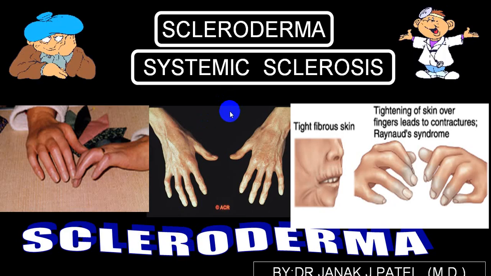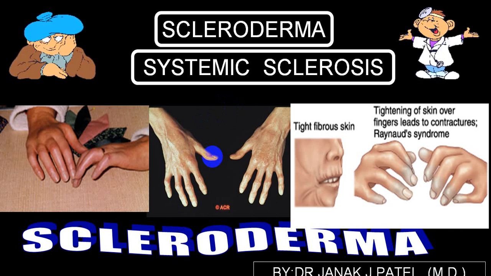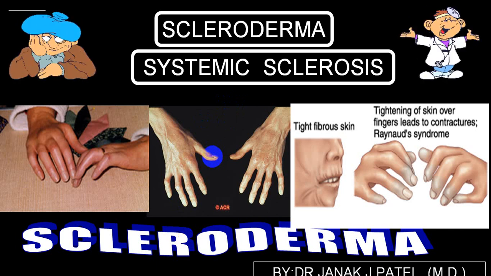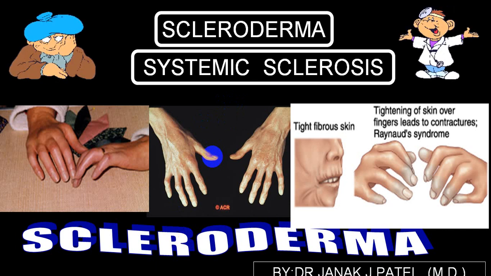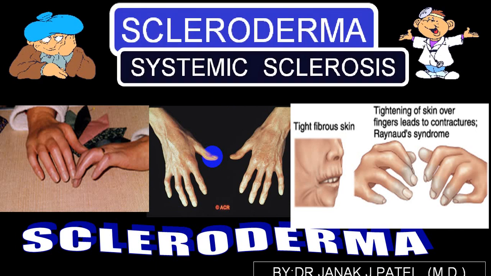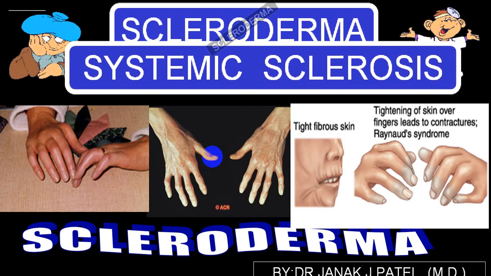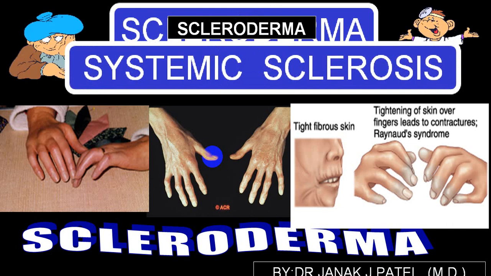Scleroderma or systemic sclerosis is one of the disorders which involves skin and multiple other organs, and once in a while you will see such patients. Recently we have seen one patient, so I thought I should discuss with you.